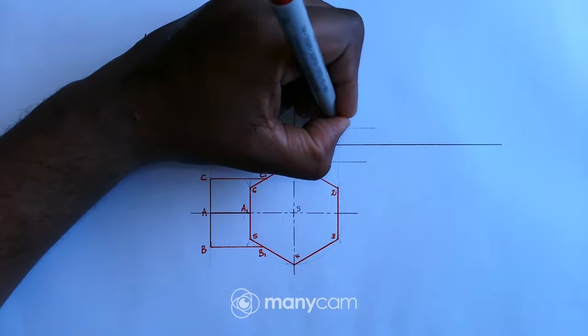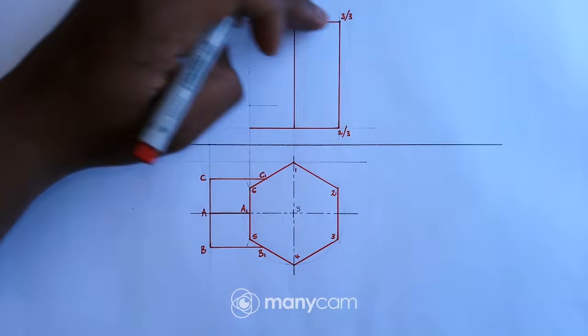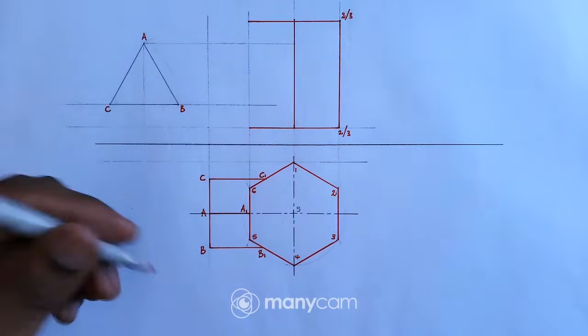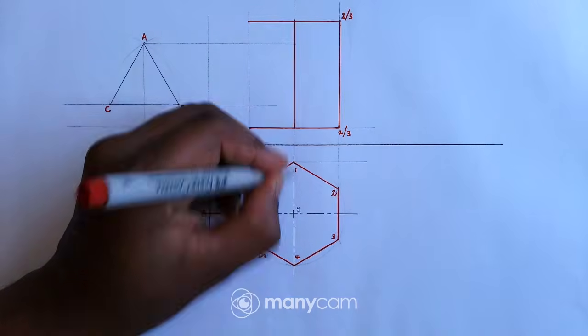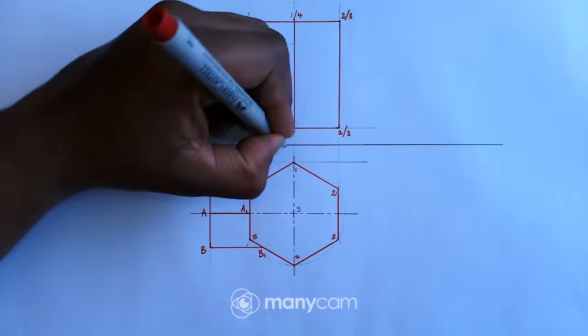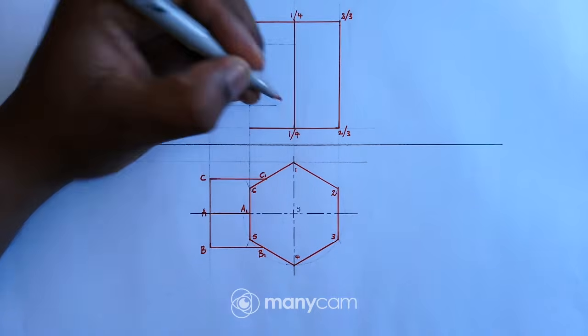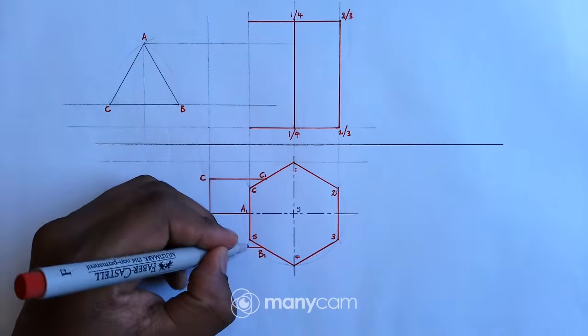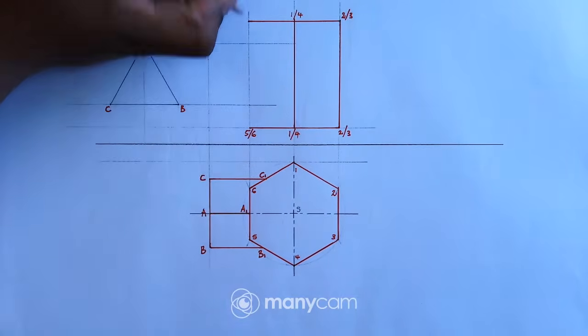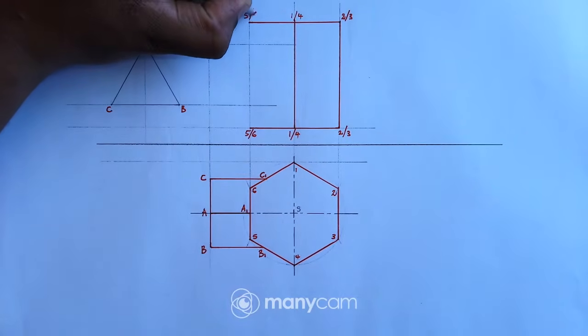Remember, this is a prism, so we have line 2, 2 and line 3, 3. Then here we have 2 points as well, 1 and 4. And here we have 5 and 6, so it's 5 and 6, right? Okay.